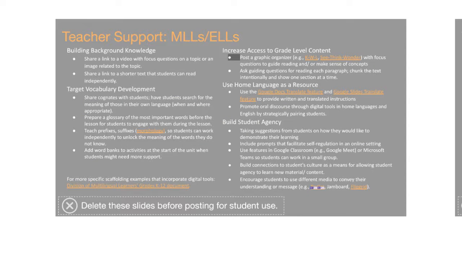Let's start by reviewing some of the general strategies that you may want to use throughout your lesson. To begin with, it's very important to make sure that the students have the background knowledge before you start teaching the lesson. So you're going to need some kind of building background knowledge strategy or a strategy that helps your students activate that prior knowledge that they already have.